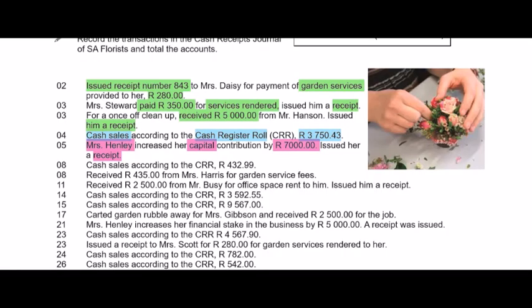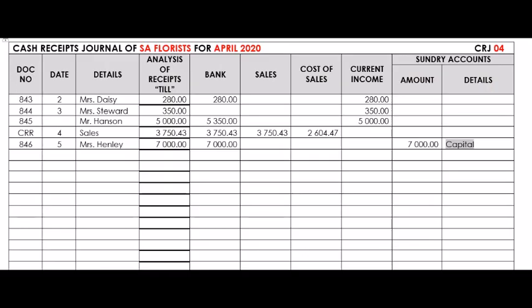Then the next transaction on the 8th was cash sales according to the CRR, 432 Rand and 99 cents. But I hope you've noticed that there's another transaction on the 8th as well. This will affect analysis of receipts and bank. So in the CRJ, the document is CRR, it's the 8th. Details is sales. We received 432 Rand and 99 cents, but it's not the last transaction for the day.